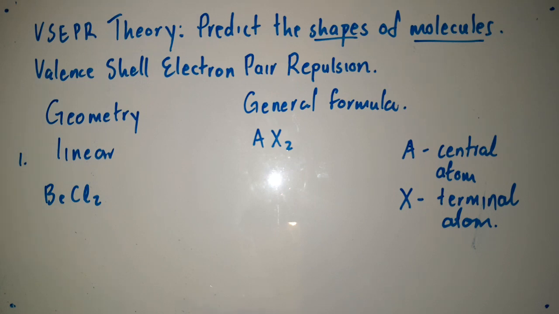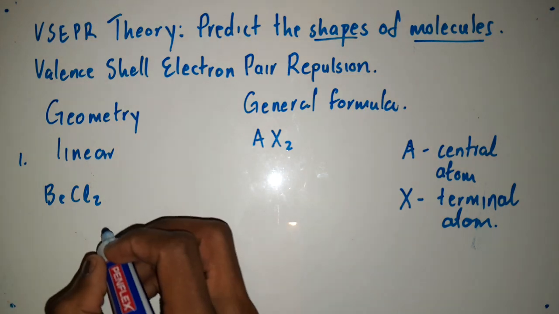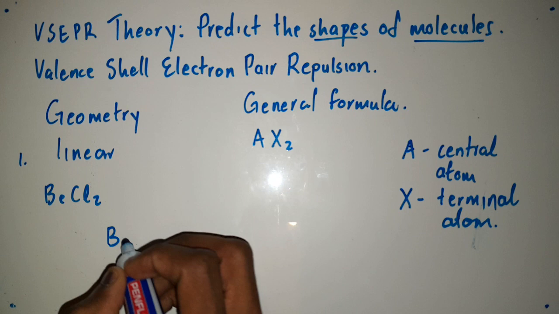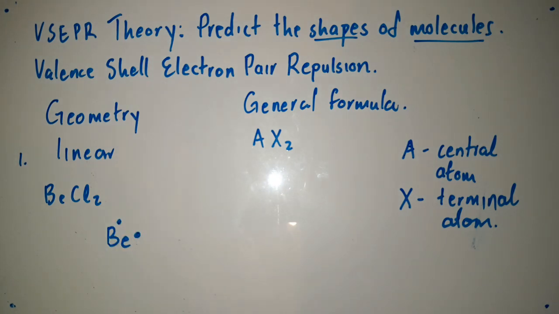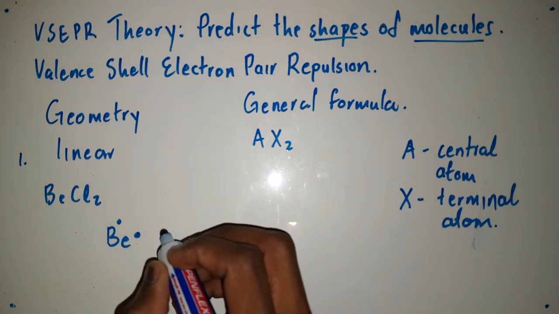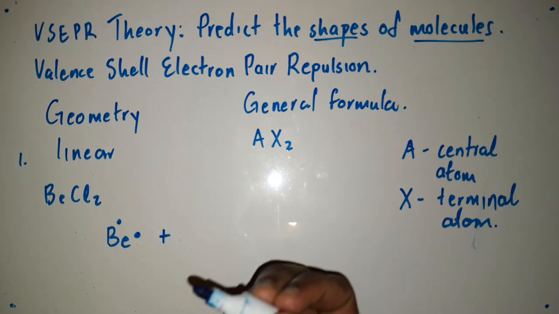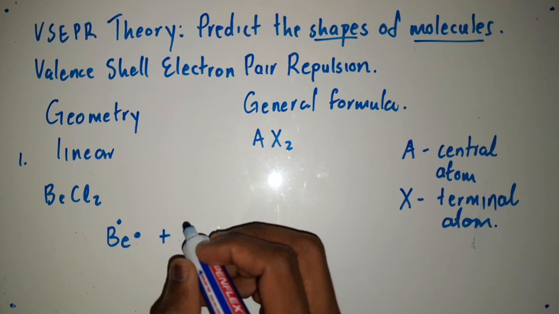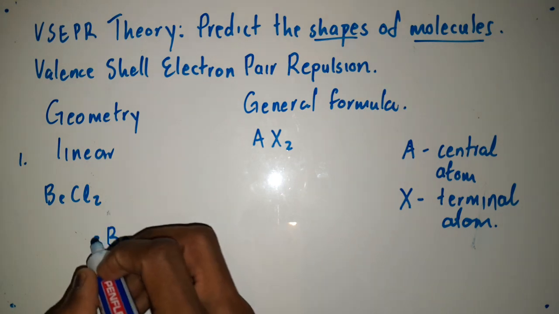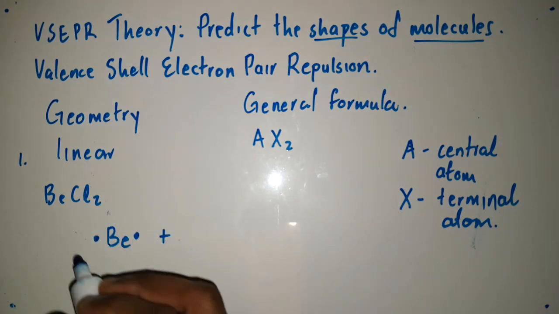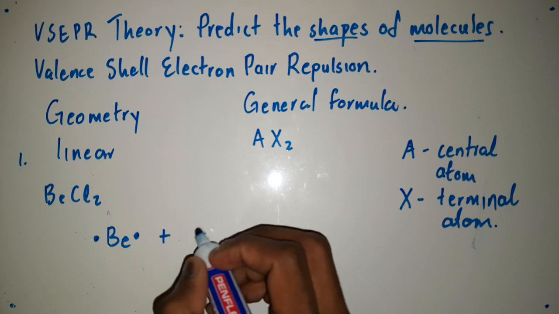By now we know that beryllium is situated in group 2, meaning it's going to have 2 valence electrons. So we have Be and 2 Cl.